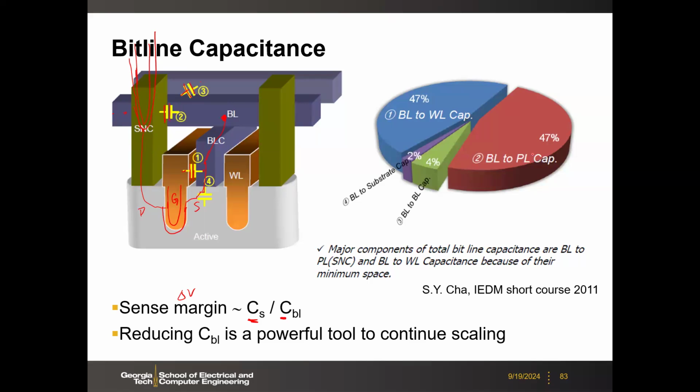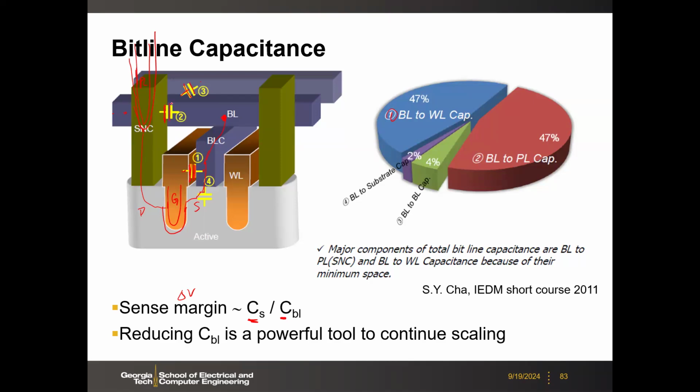So here in this pie chart, we show the breakdown, and the majority of the Bitline cap is contributed by the number 1, this Bitline to Merline cap, which is this part. And then number 2, the Bitline to plate, which is because on the other electrode of the cap is plate.